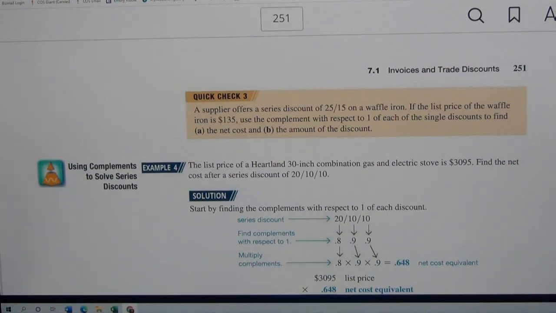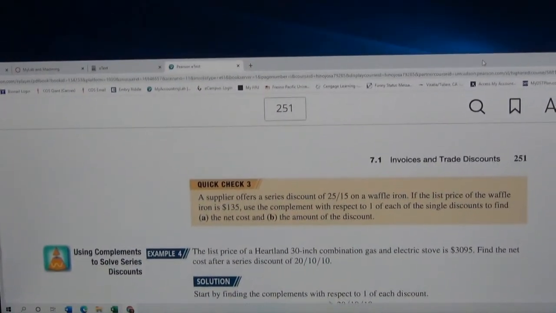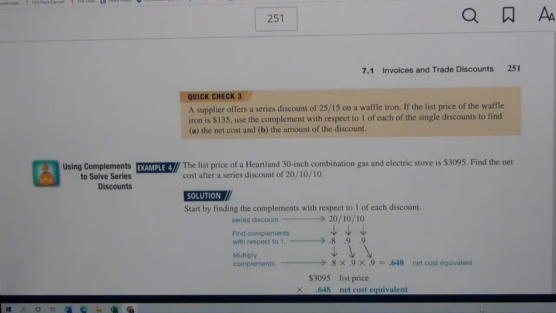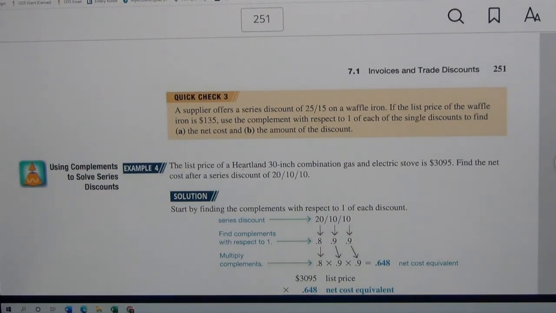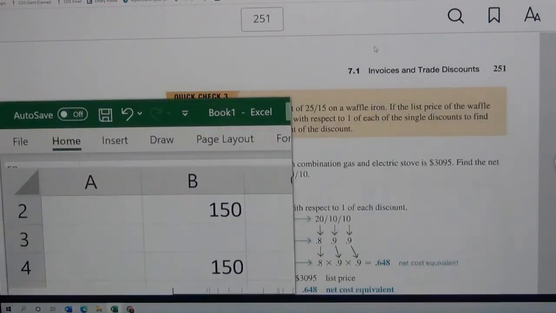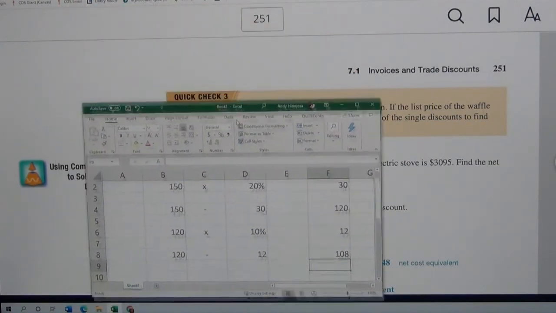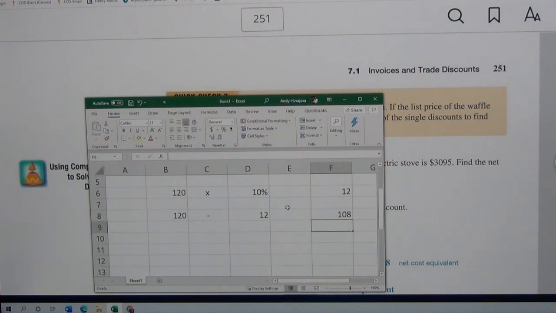Okay, so let's go ahead and see if we can figure this one out. The list price of the Heartland 30-inch combination gas and electric stove is $3,095. So let me pull this over here, and we'll use our notes.